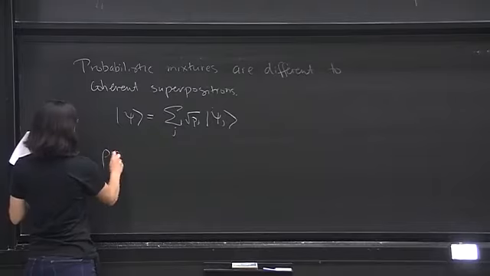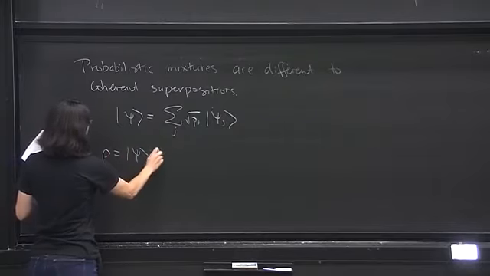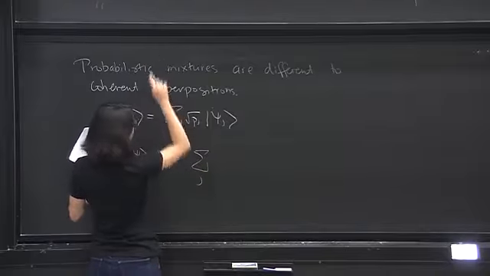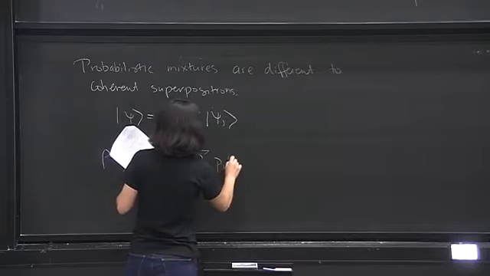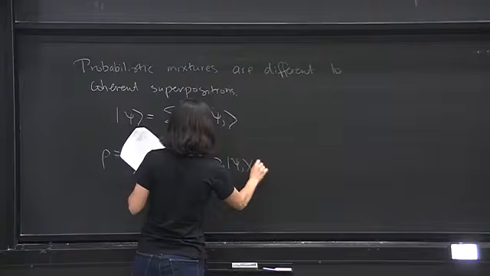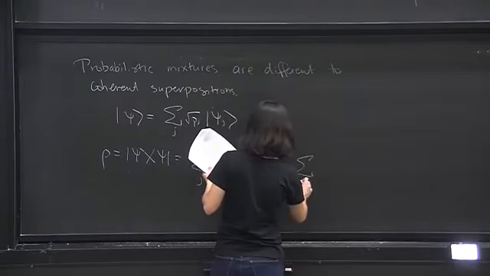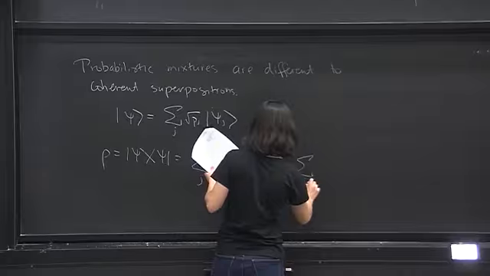But I can also see how they differ by constructing the density operator corresponding to this state. So I write the outer product and I get a component that looks like this mixed state, plus I get another component that has the cross terms.